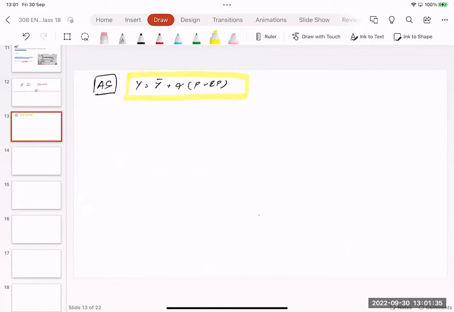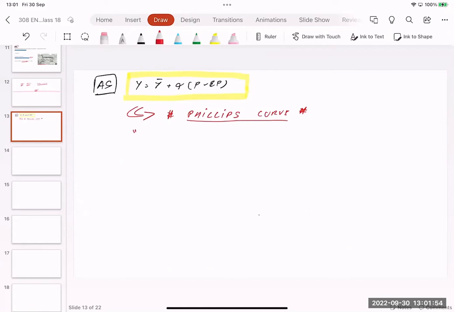Today's purpose is to solve the aggregate supply equation to get the Phillips curve. Today we're going to derive where the Phillips curve comes from. And what is a Phillips curve anyway?